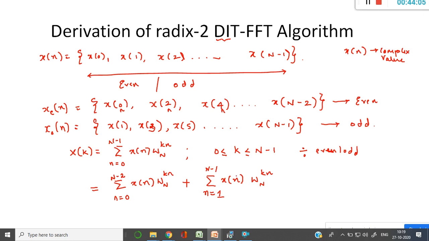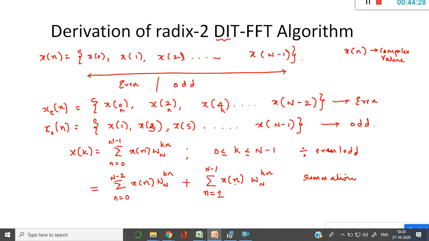Now whenever we solve such types of equations, we always try to take the summations to have the same limits all the way. Here the summations are different. One is running from 0 to N minus 1, and another one is running from 1 to N minus 1.